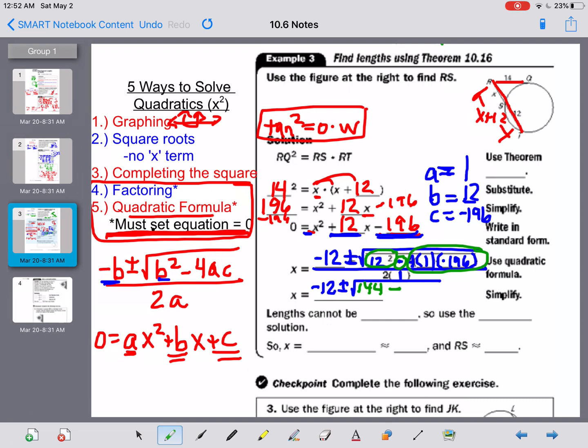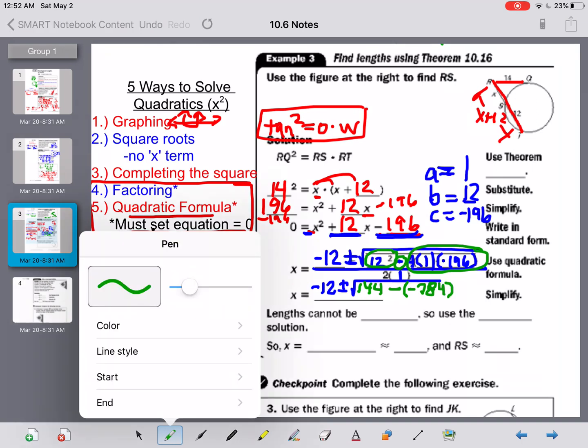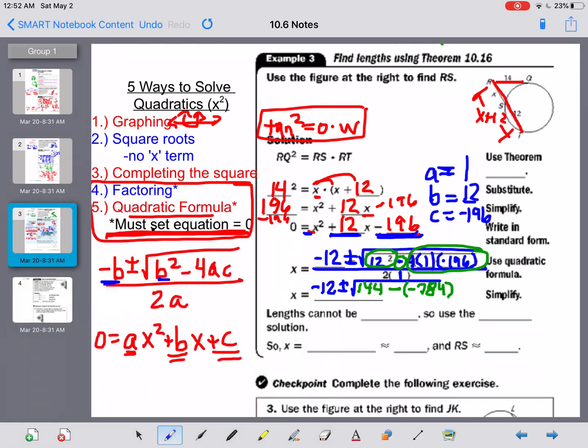So get out that calculator. 4 times 1 times negative 196. I just got a negative 784. So parentheses, because this is my third piece, negative 784. Okay, those are my 3 pieces inside my quadratic formula, or inside the radical. Those are important. All over 2 times 1, which is 2.